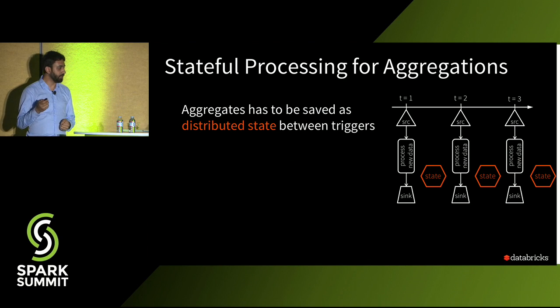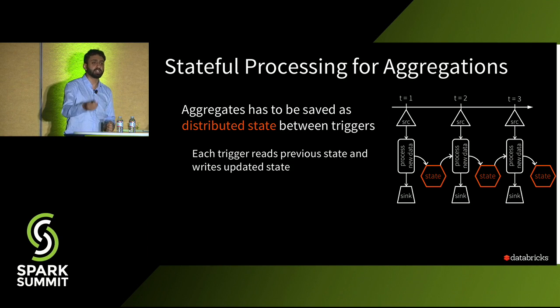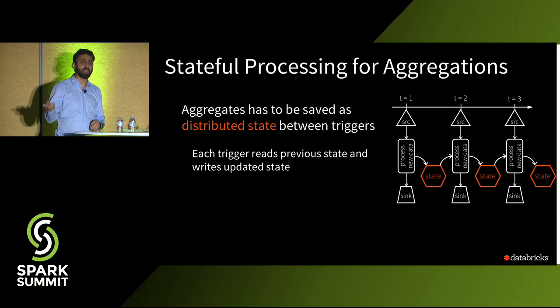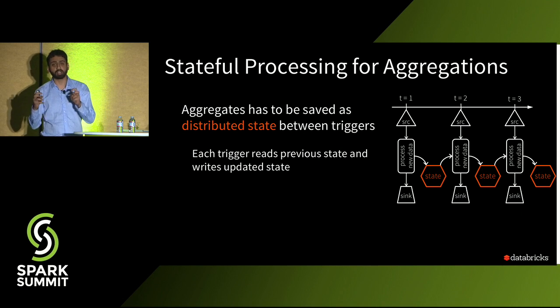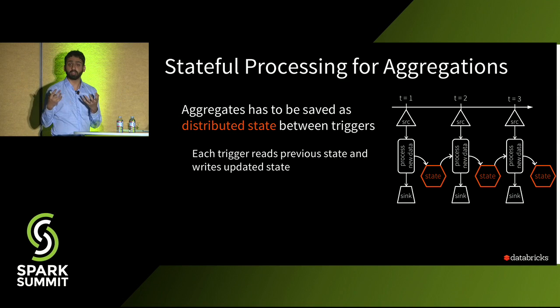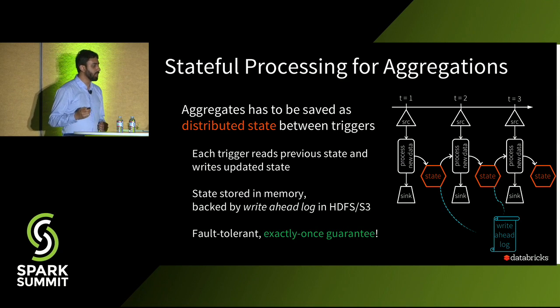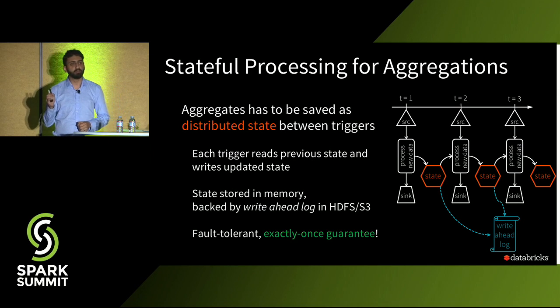And each trigger, each time there is new data, the old intermediate state is read. New data is computed and added onto the state to create the next version of the intermediate counts. All of this state is stored in memory, but for fault tolerance, it is backed by any fault-tolerant file system like HDFS or S3 in a write-ahead log.